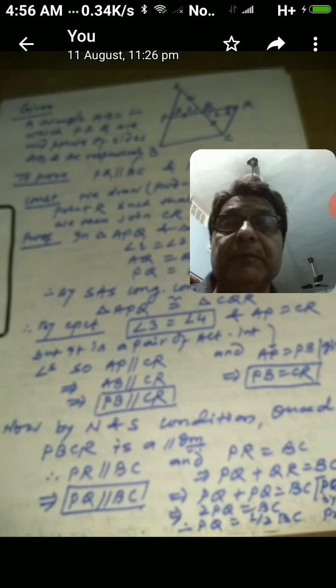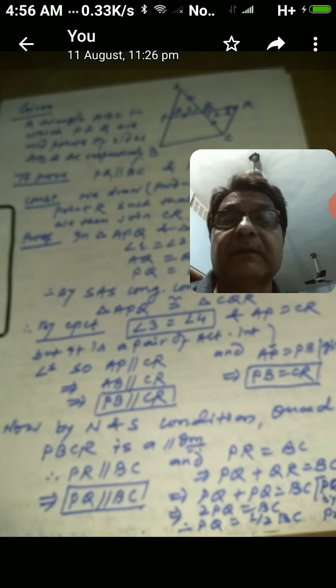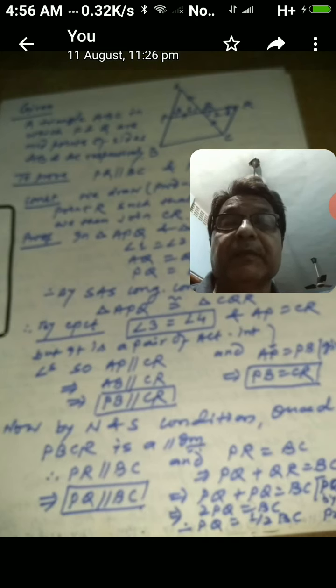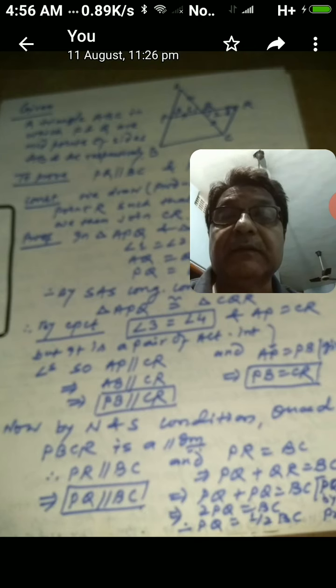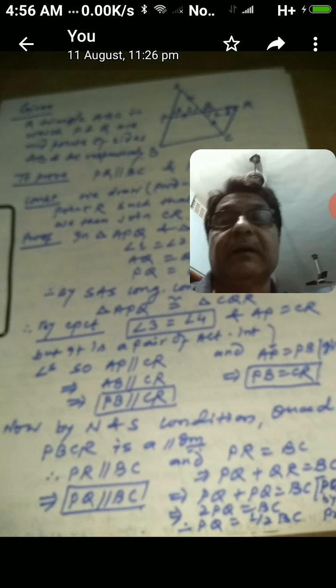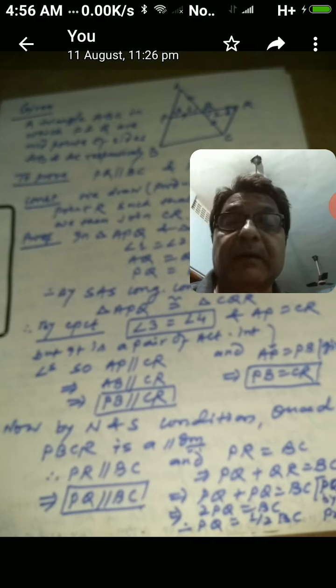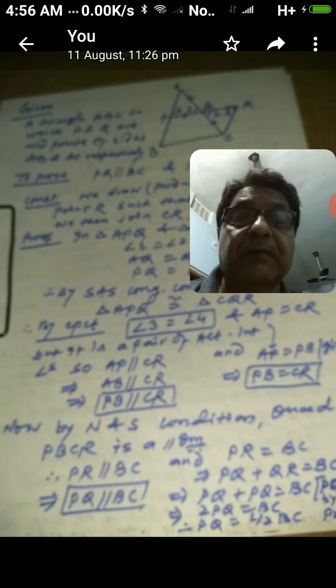Now if you combine these two results in the quadrilateral PBCR, then what is here? One pair of opposite sides, PB and CR, are parallel as well as equal.